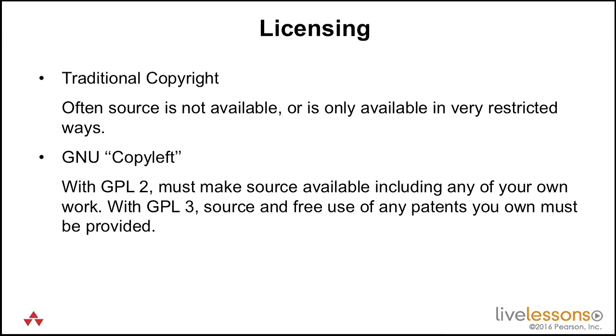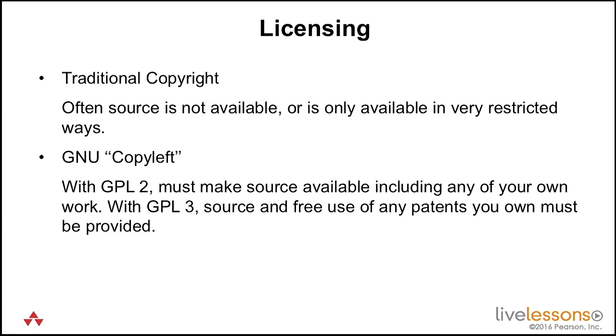So if you have a product and your IP is actually compiled in as part of the kernel, you are required to make the source code for your IP available. Now, if you have your IP above the Linux kernel, so you just have the Linux kernel doing its thing, and you have a separate program that just runs on Linux, then the fact that Linux is GPL2 does not affect you. You can put a traditional copyright on your program and not have to give the source code away.